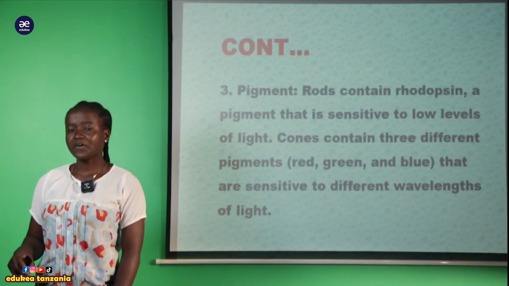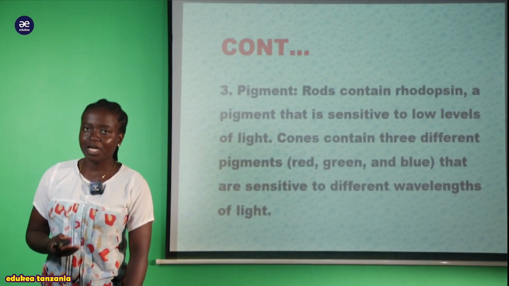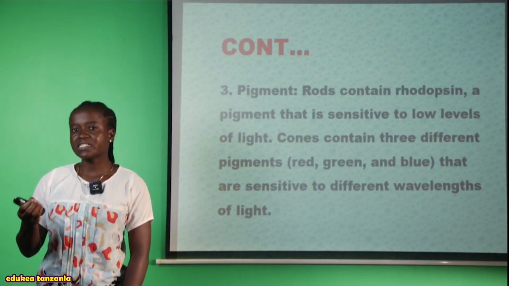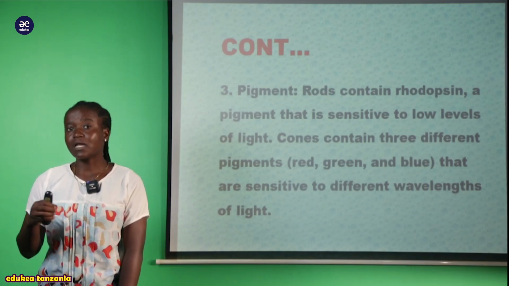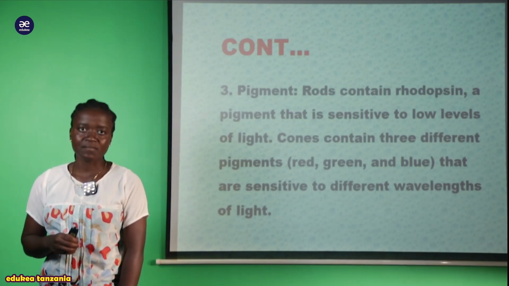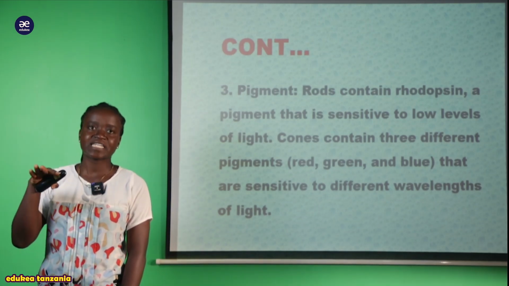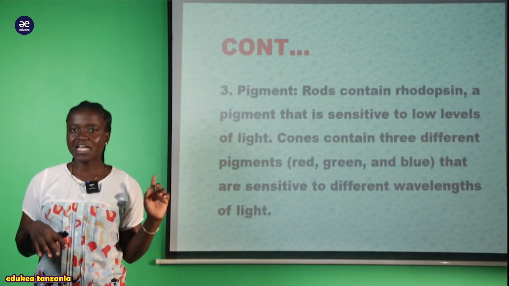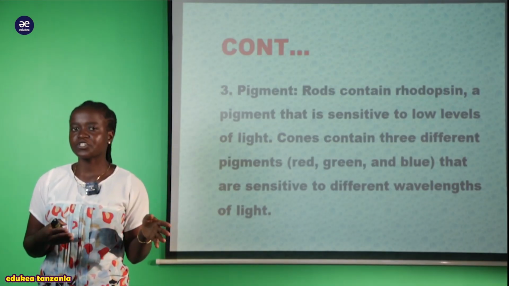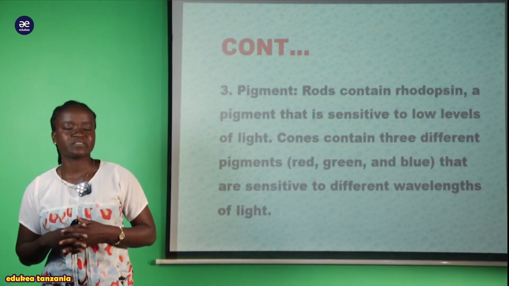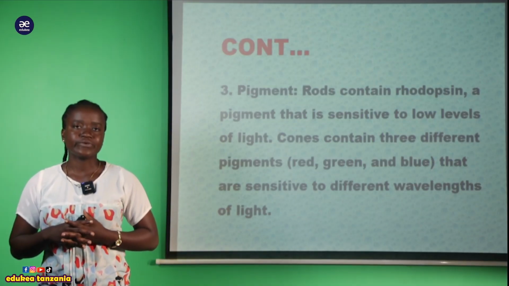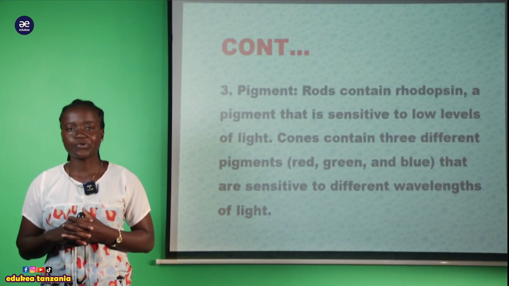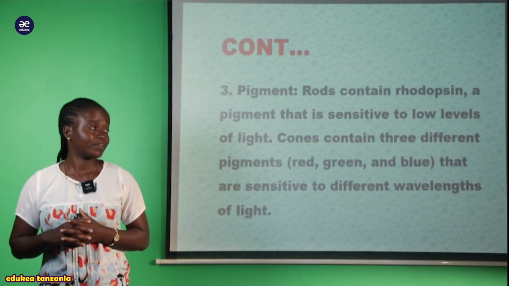Kwa sasa hii rhodopsin ni pigment ambayo inakuwa more sensitive pale ambapo panakuwa na low light intensity. Kwa maana kwamba either inaweza ikawa night times au inaweza ikawa dim light. So the rods are activated so that you can differentiate different kinds of objects around you, as an animal or as a human being.